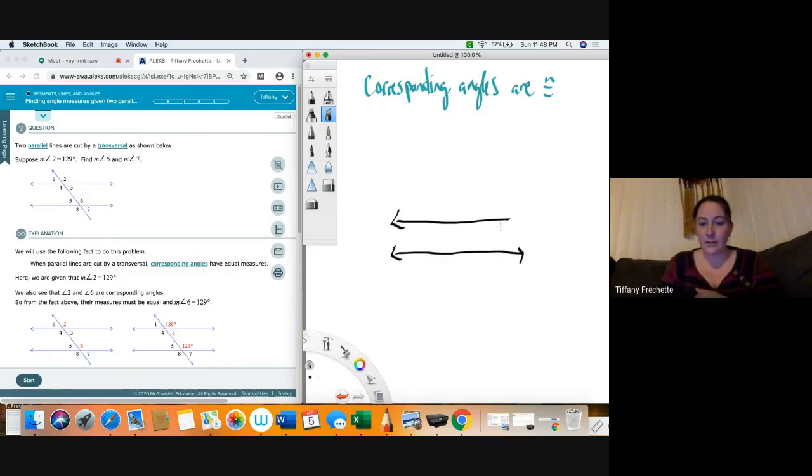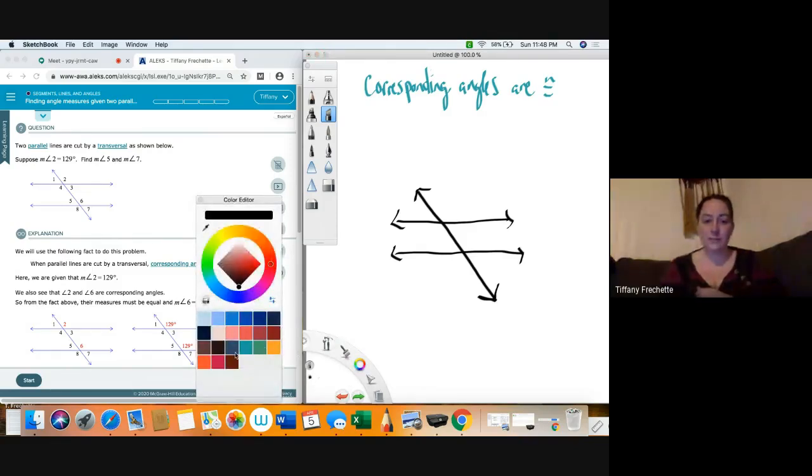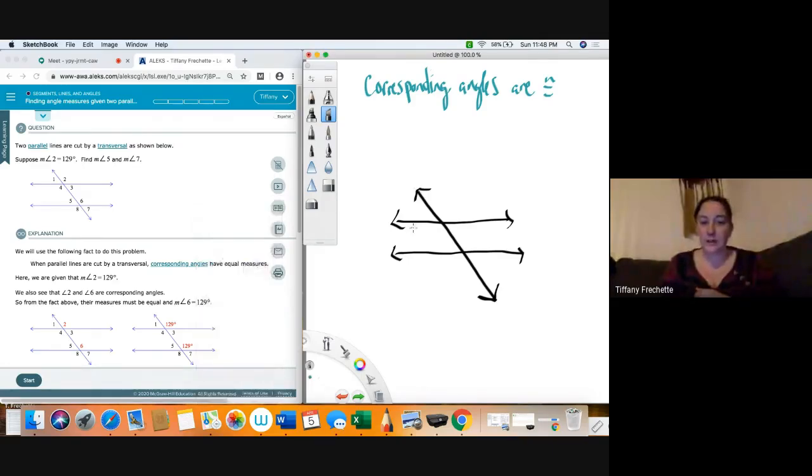Here are my two parallel lines. Here's my transversal like this. And I'm going to leave the numbers off for now, just so that we can put marks in here. So I'm going to go back to my blue for a moment, so I can mark the corresponding angles.